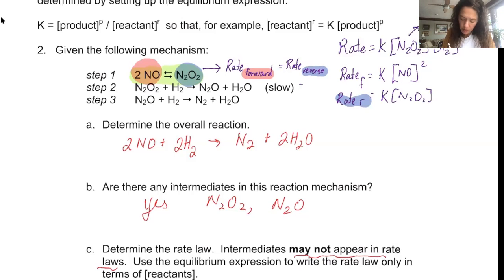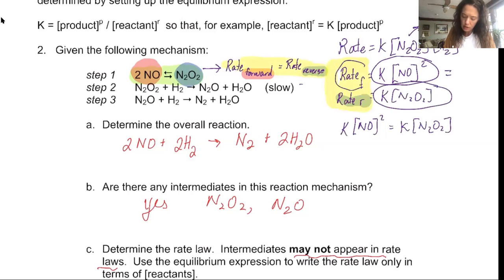Now remember this, stay with me, we're almost there. Rate of the forward equals rate of the reverse. Well, rate of forward is K NO squared, and that equals rate of the reverse, which is K N2O2. I just made this equal to this because one is the forward and one is the reverse, so I set them equal to each other.